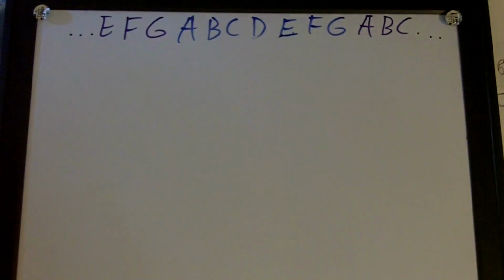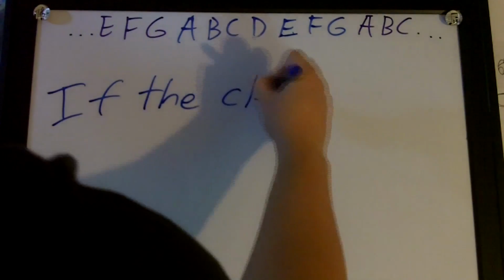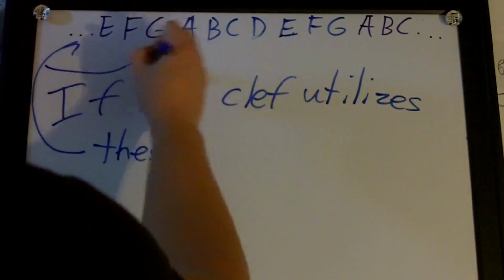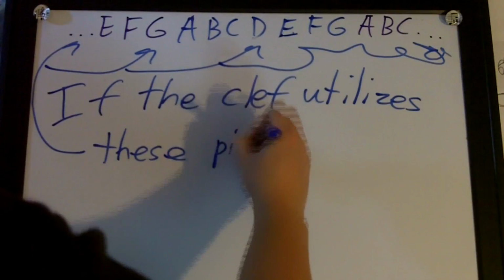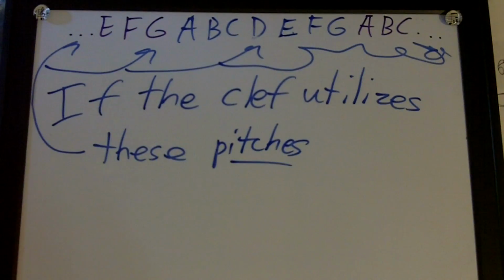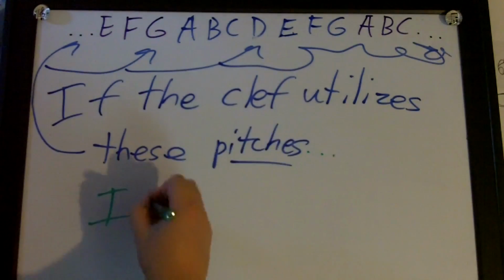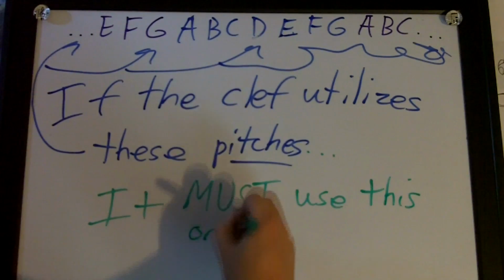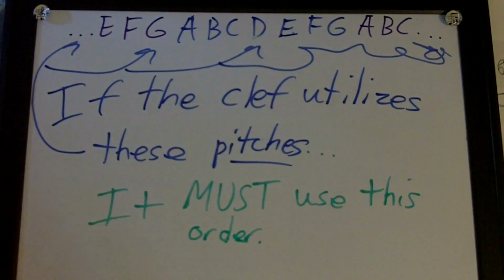If they didn't behave this way, then the system would be too confusing. So, if the clef utilizes these pitches, A, B, C, D, E, F, G, then it must use this order. If it doesn't, it would mess up the entire system. It has to use this order.